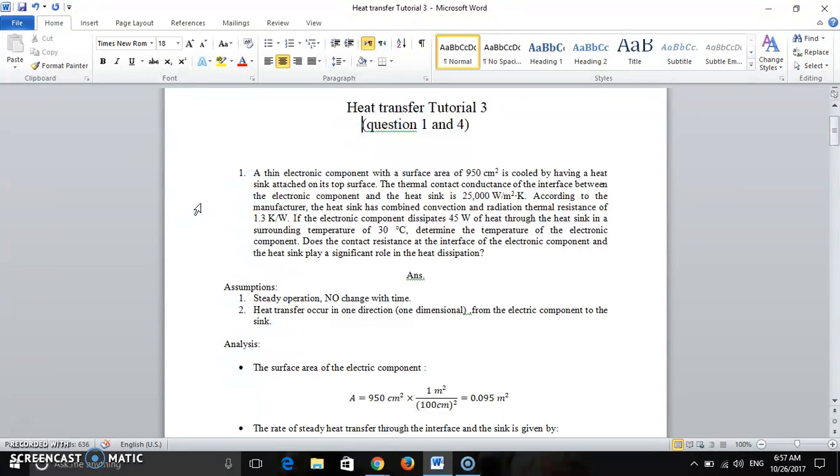Anyway, this electrical component has a surface area of 950 centimeter square, and in order to cool this component, we have to provide a sink in which this heat generated will be transferred and pulled off from the electronic component.